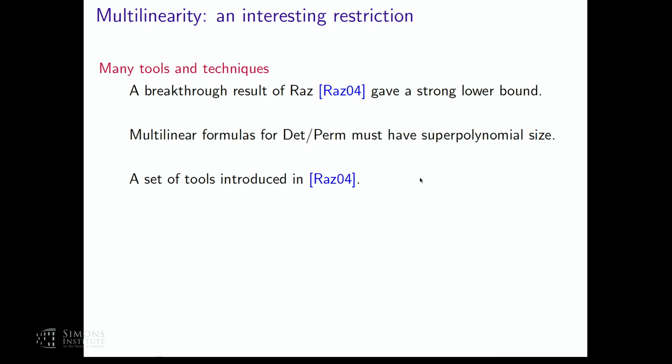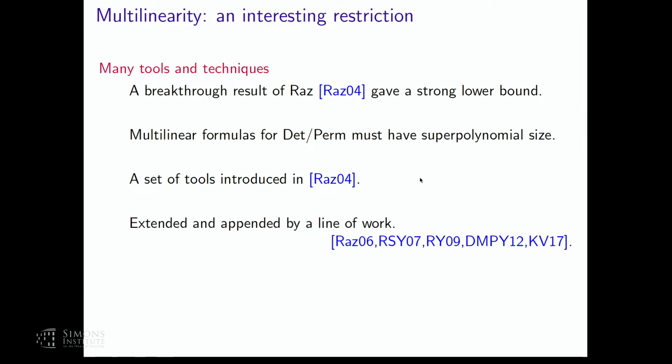The tools that Raz introduced in his paper have been really influential. There has been a series of results based on this main tool, and it has later been extended by many beautiful works, such as another paper by Raz, a paper by Raz, Shpilka and Yehudayoff, and others.